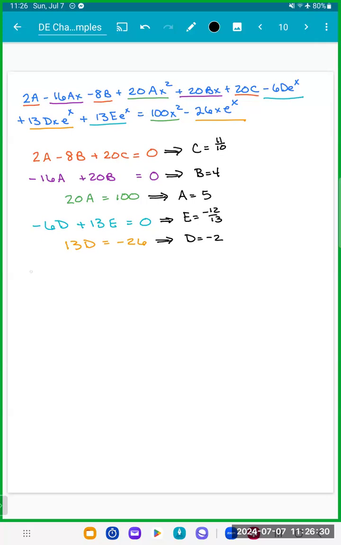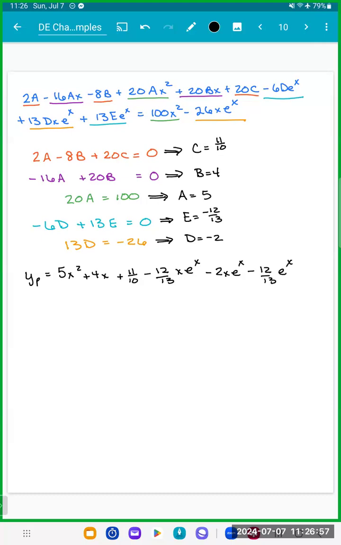Okay, so our particular solution is going to be 5x squared plus 4x plus 11 over 10 minus 12 over 13x e to the x minus 2x e to the x minus 12 over 13 e to the x.